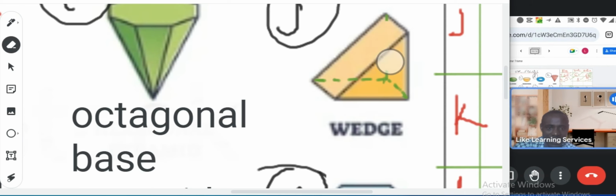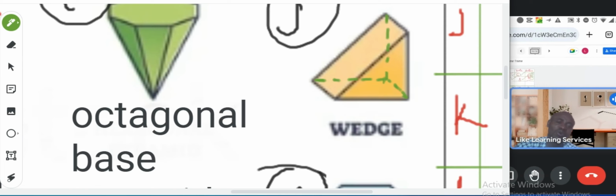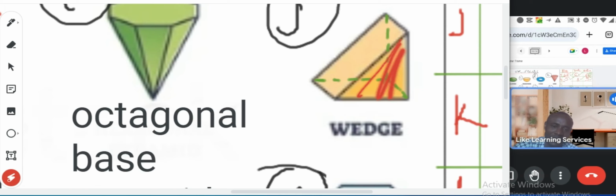Can you see what I'm drawing here? All right. So at least you can see some parts that are not exposed. So let's count again now. The faces, first of all. 1, 2, 3, 4, 5. 5 faces.